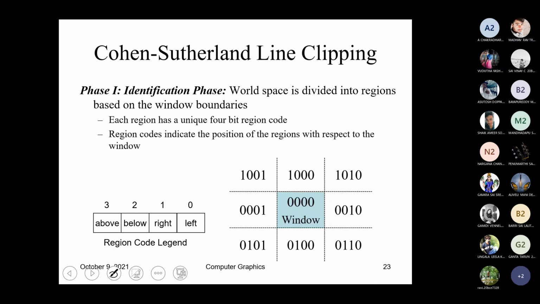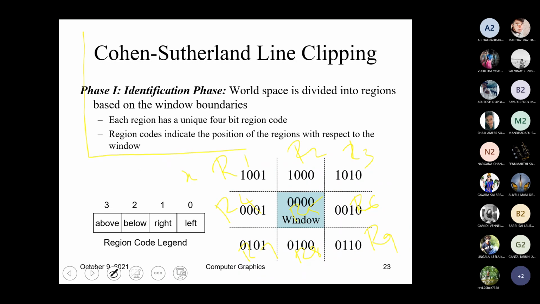So here we are dividing your window into 9 regions. This is called region 1, R1, R2, R3, R4, R5, R6, R7, R8, R9. Right? So these are the 9 regions. While we are drawing the diagram, you are remembering how you have drawn the diagram.